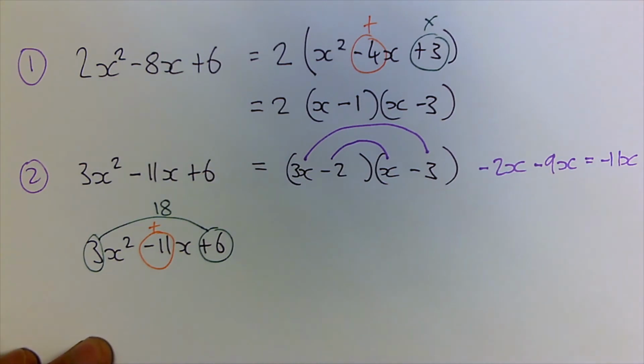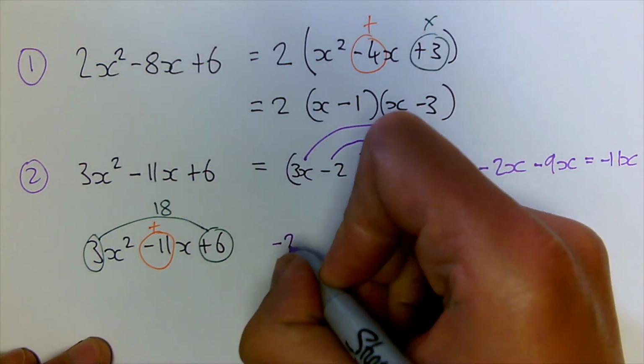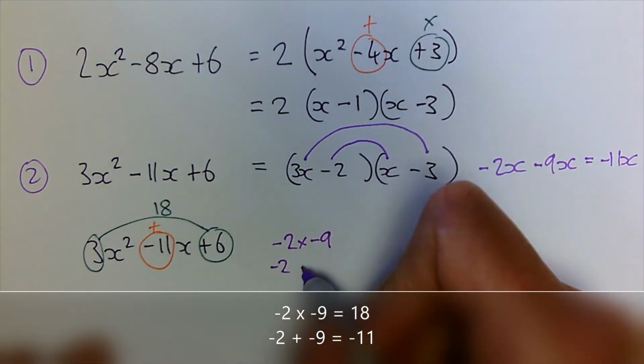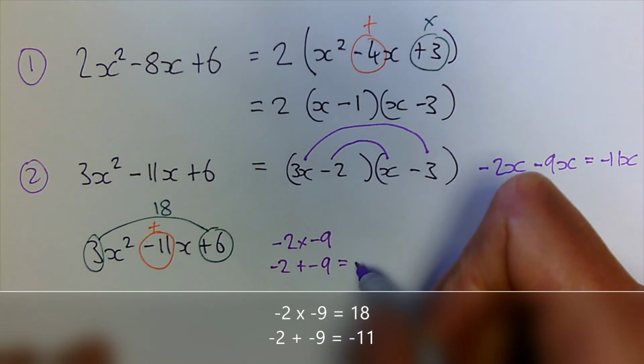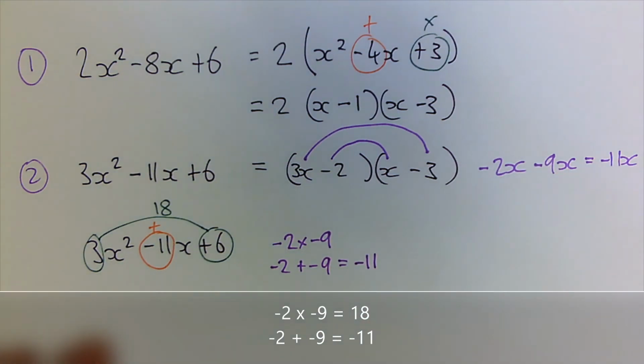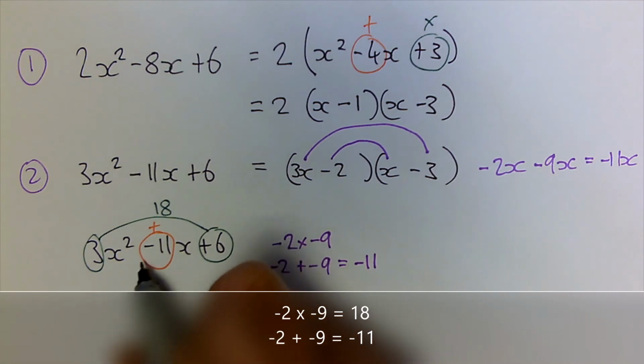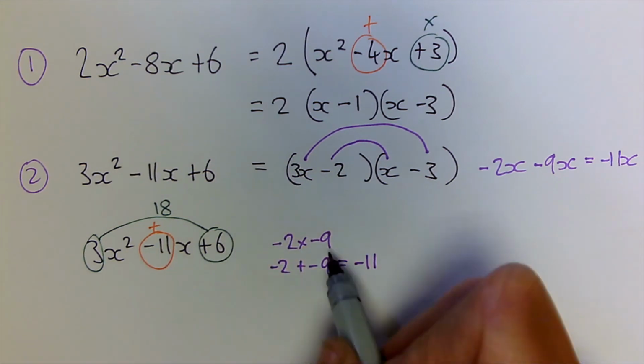And those numbers are negative 2 and negative 9, because negative 2 plus negative 9 is negative 11. So we take this and we split our minus 11x into these two components.